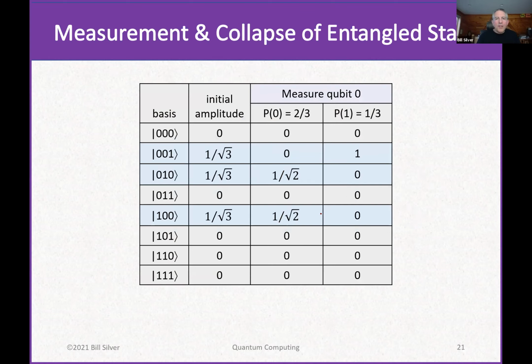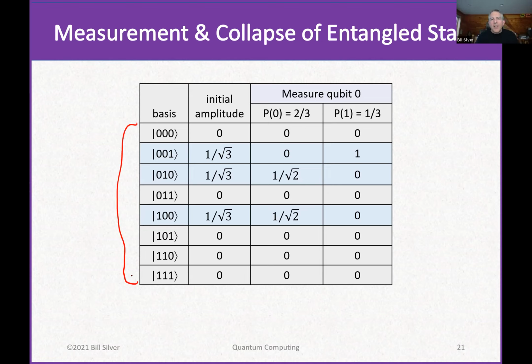So let's take a look at how this actually works in practice. Let's say I've got 3 qubits, 2 to the 3rd, or 8 basis vectors. You can see them here, 0 through 7, written in binary. Those are my basis vectors here.